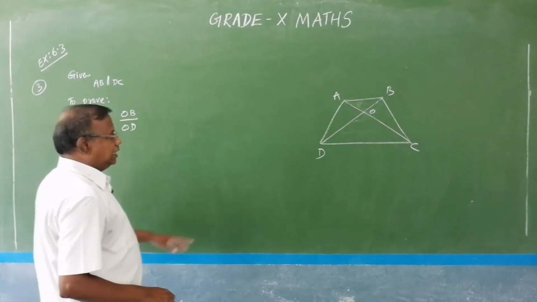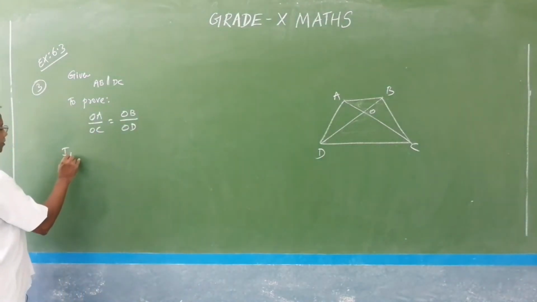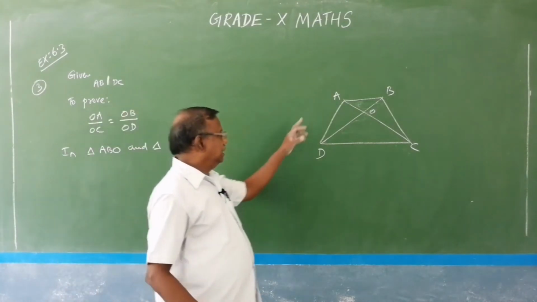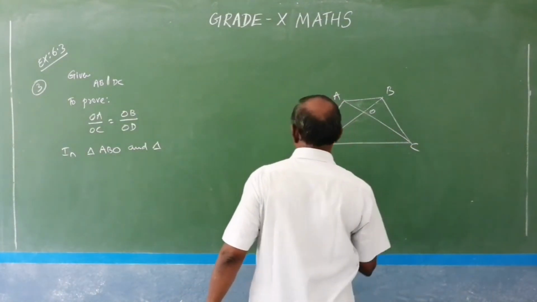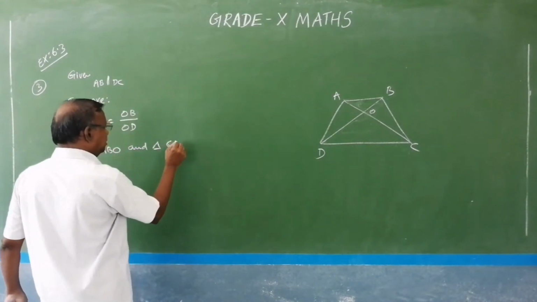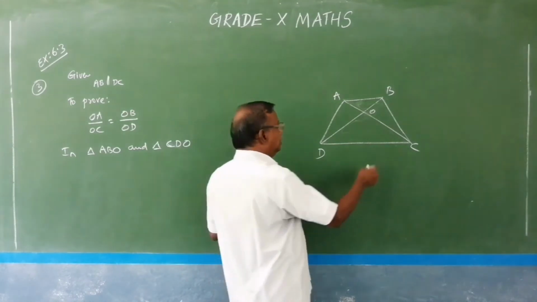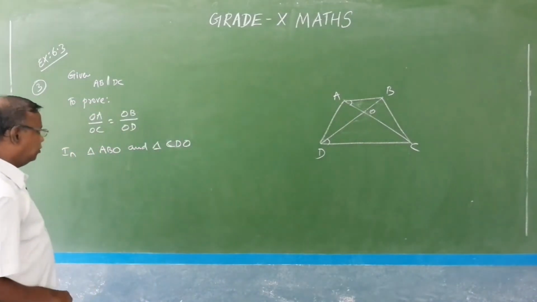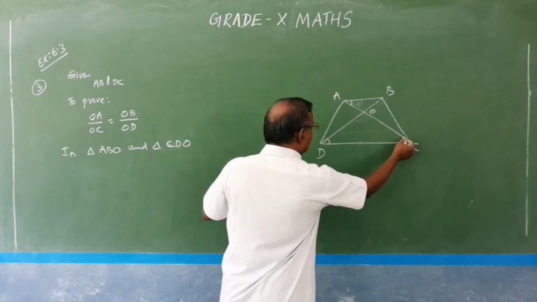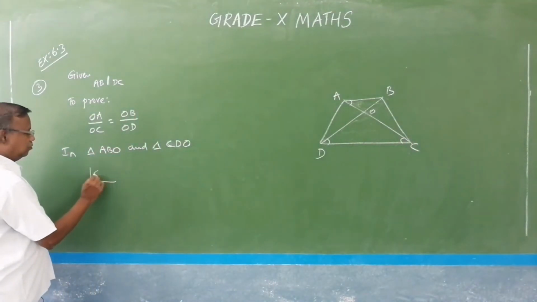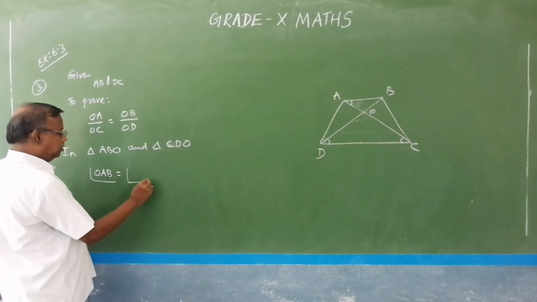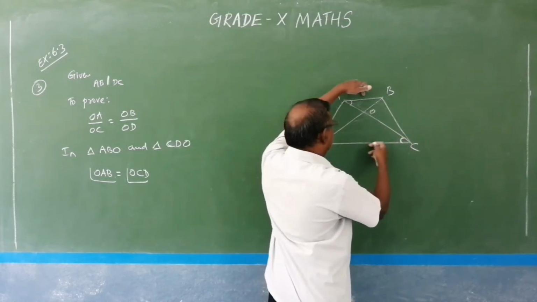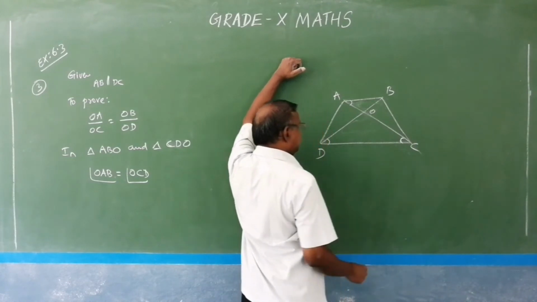In triangles ABO and CDO, angle OAB equals angle OCD, because AB and CD are parallel and AC is a transversal.